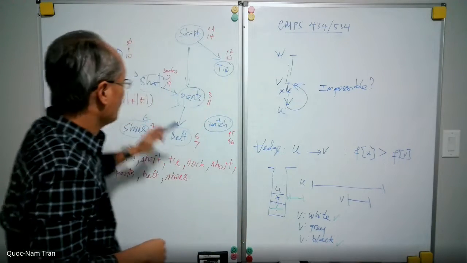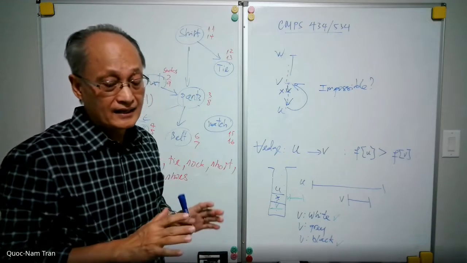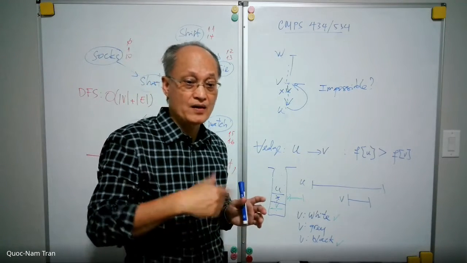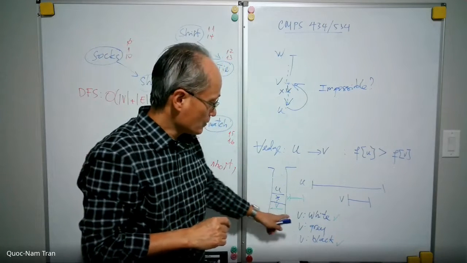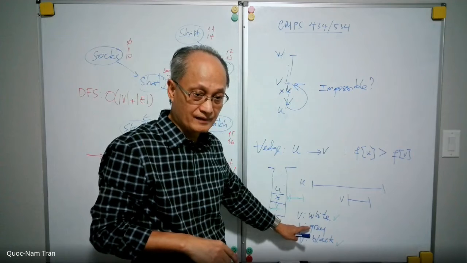And for the topological sort, we have a DAG, meaning that it's a directed acyclic graph, right? We have no cycle at all. So this one is impossible because if it is, then we have a cycle, right?